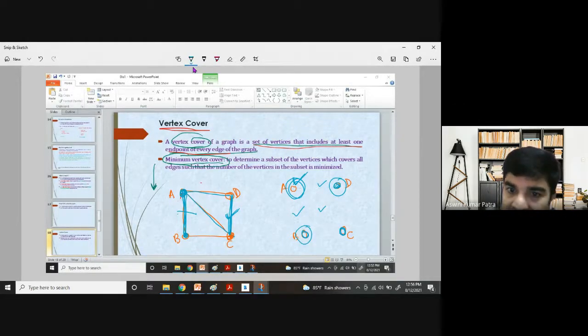So this is also covered. So what we conclude is that A, B, and D is the vertex set which is known as a vertex cover, because out of these four vertices, these three are enough to cover all the edges.